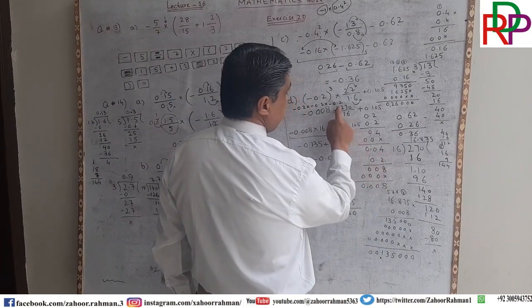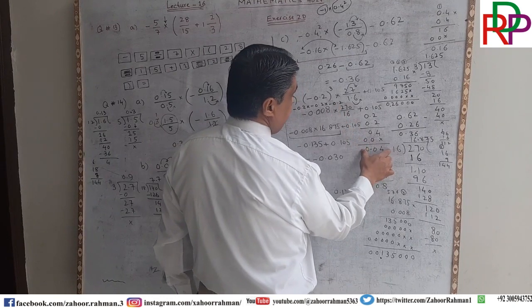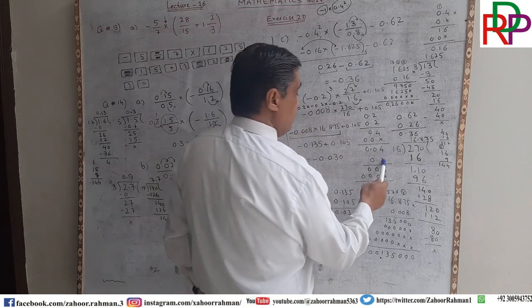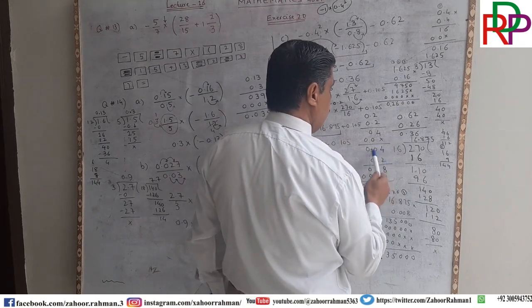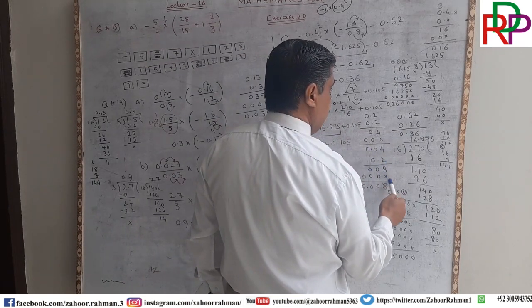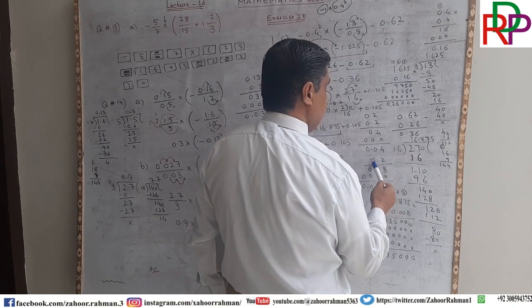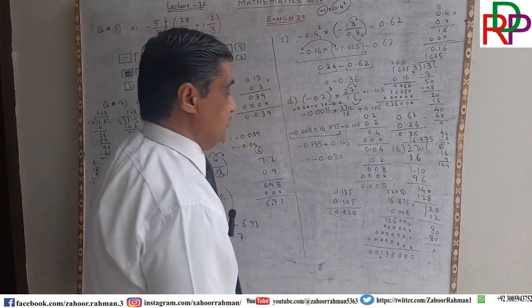Again the third 0.2 will be multiplied with the answer we got from this. So 2 4s are 8, 2 zeros are 0, 2 zeros are 0. Cross and 0 4s are 0, 0 zeros are 0 and 0 zeros are 0.